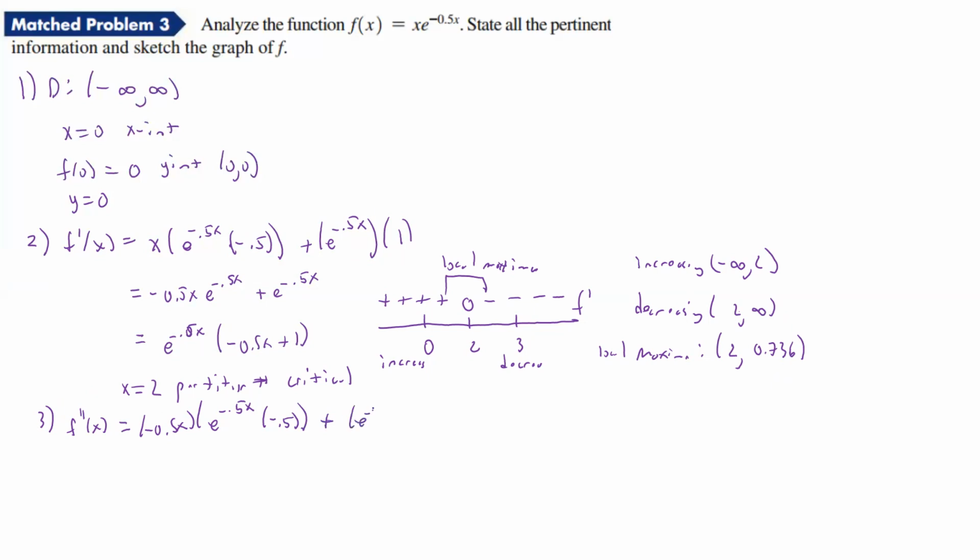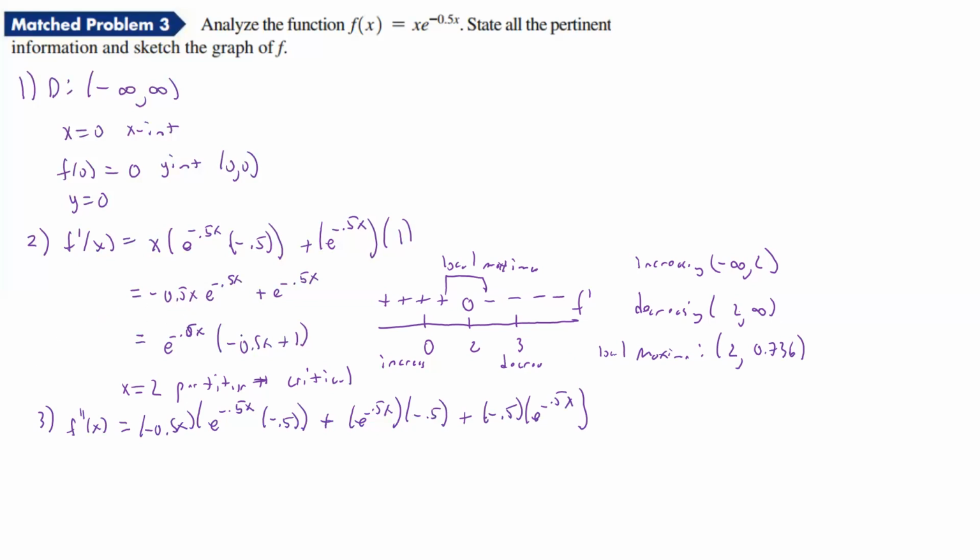We have e to the negative 0.5x times the derivative of this piece, which is going to be a negative 0.5, plus, and now we have the derivative of this, which is going to be the same as that, so we're just going to have a negative 0.5 times e to the negative 0.5x.